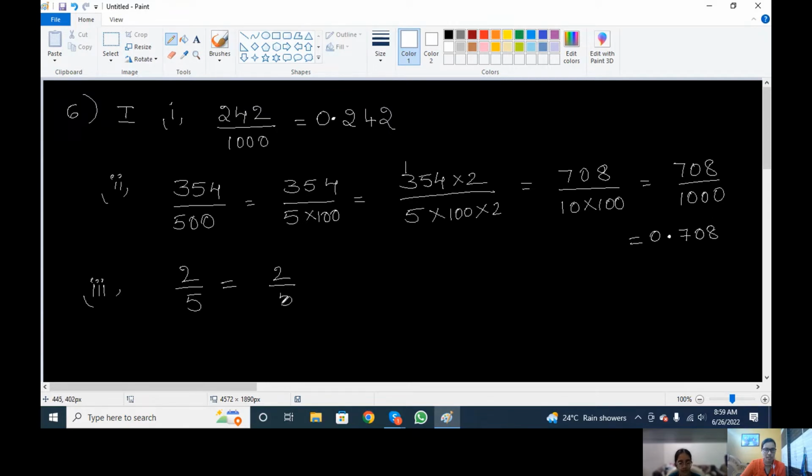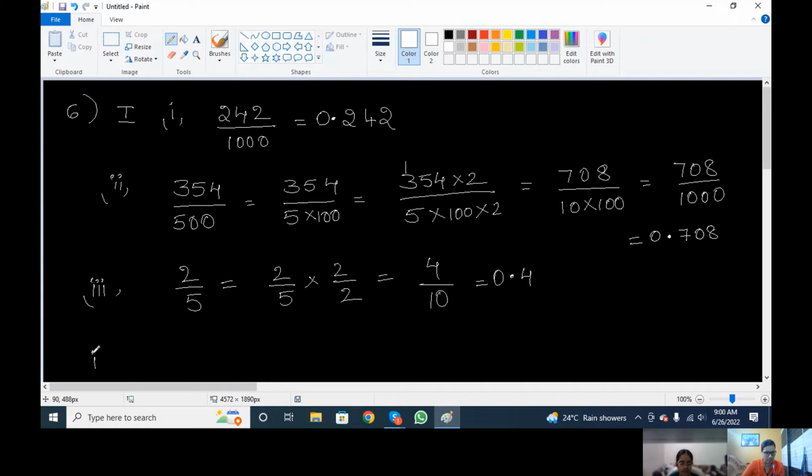So 2 over 5 times 2 by 2. So 2 2s are 4, 5 2s are 10. So when our denominator contains this, it is easy for us to make them into a group of tens. Okay. So 4 by 10 is nothing but just write the 4, in the denominator we have a 10, leave 1 digit and put a point.